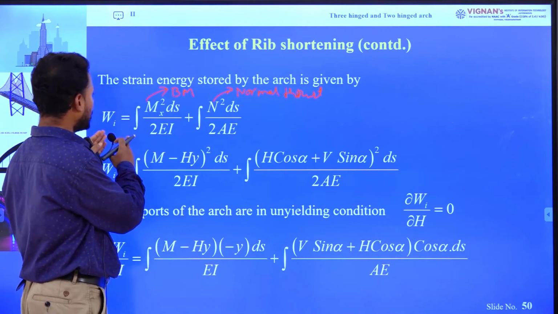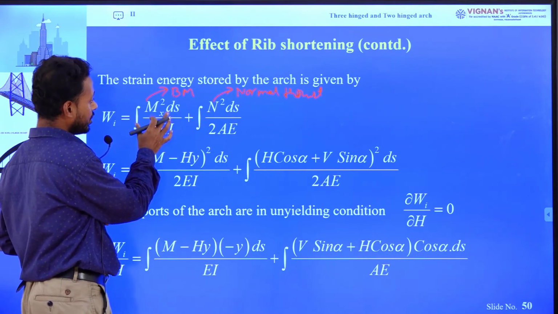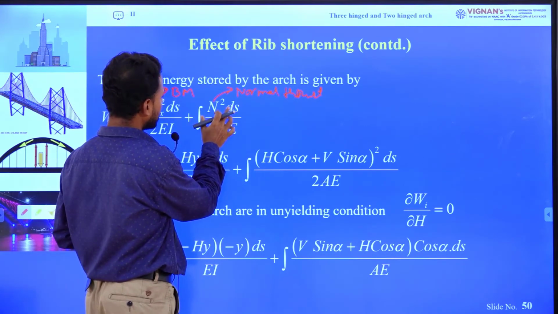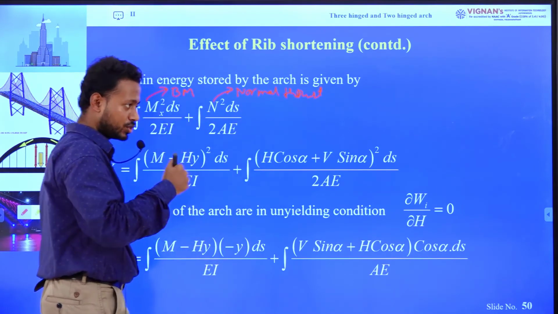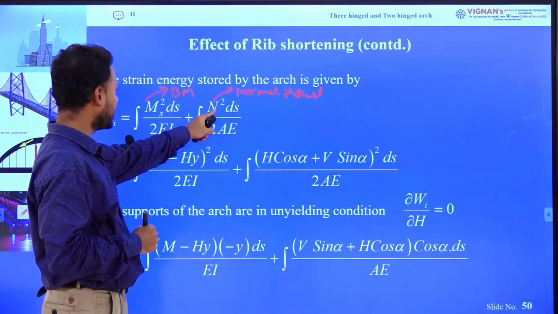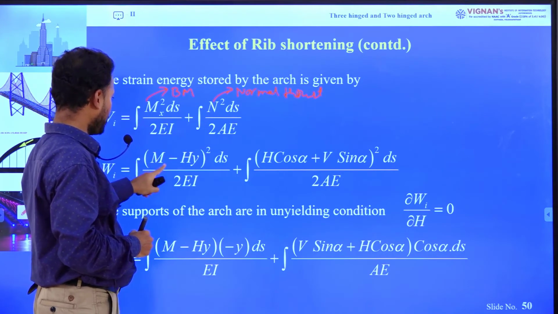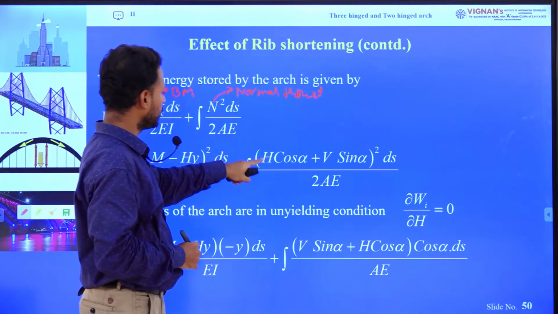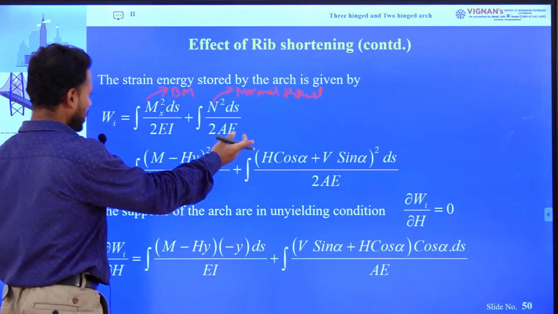Total strain energy will be integration M square ds by 2EI due to the bending moment, plus integration N square ds by 2AE due to the normal thrust or axial force. So let's put the value of M and N. We have M equals Mx equals M minus Hy, and N equals H cos theta plus V sin theta, or H cos alpha plus V sin alpha.